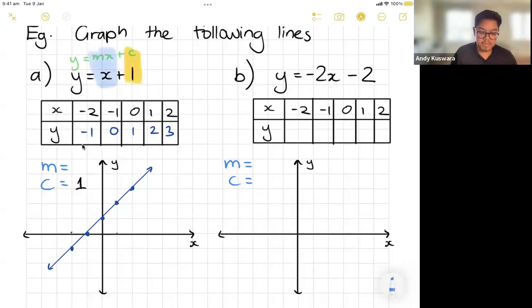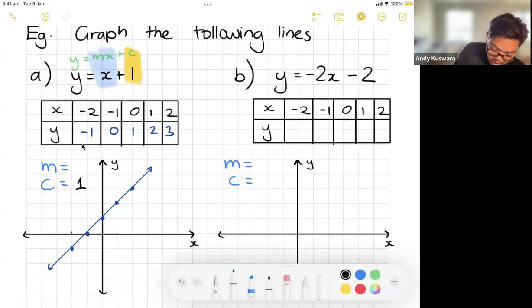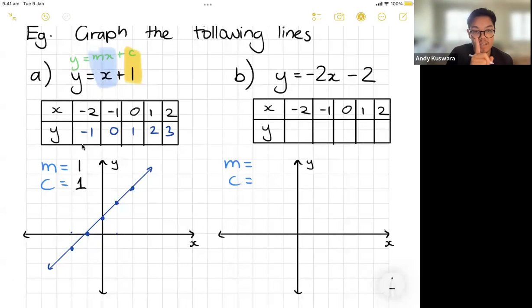Does it make sense that for this particular case my m is just 1, because there's a singular x? There's no 2x, there's no 7x, it's just 1x. I'm going to dot in that 1 because it's kind of invisible, and some people get confused with my 1s. So we can see here that m equals 1.